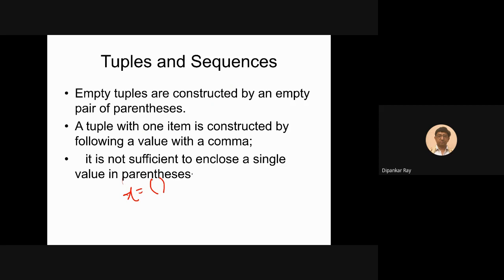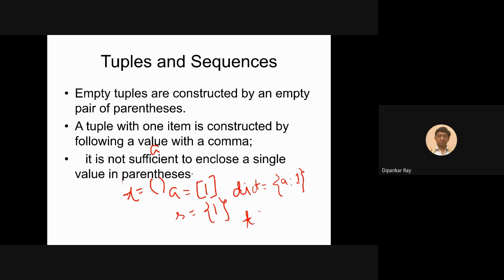A tuple with one item is one important thing. If I want a list, here I can write it, or a set, I can write it, or a dictionary, I can write A:1. But we cannot do it in the case of a tuple. What we have to do?